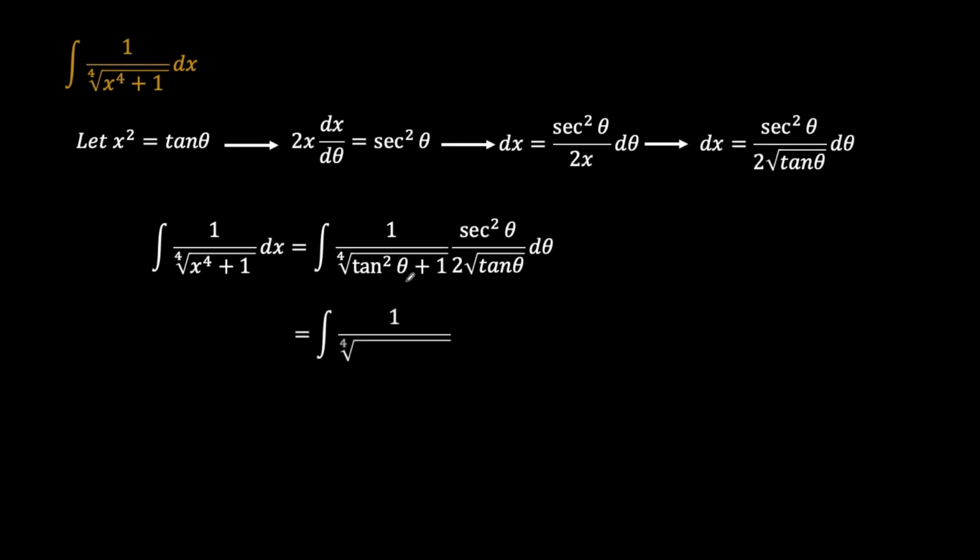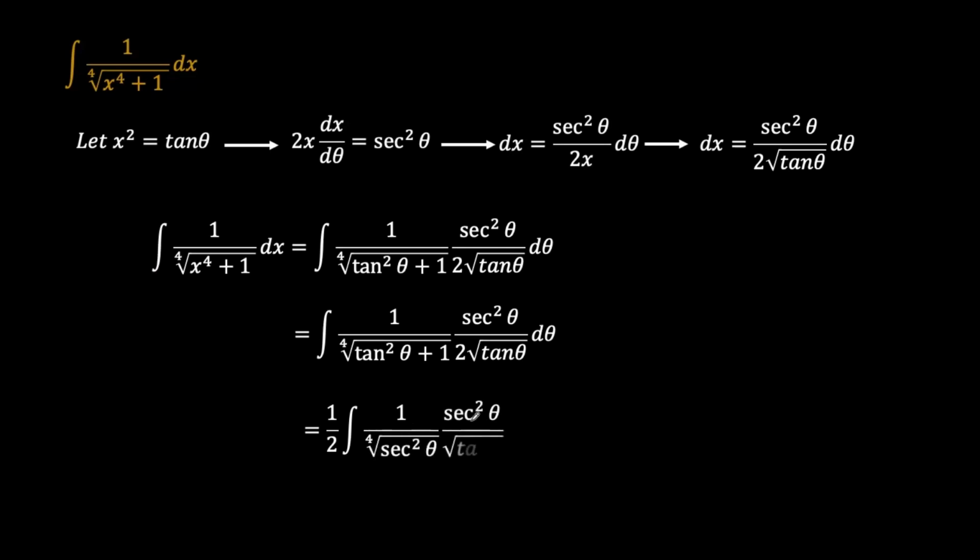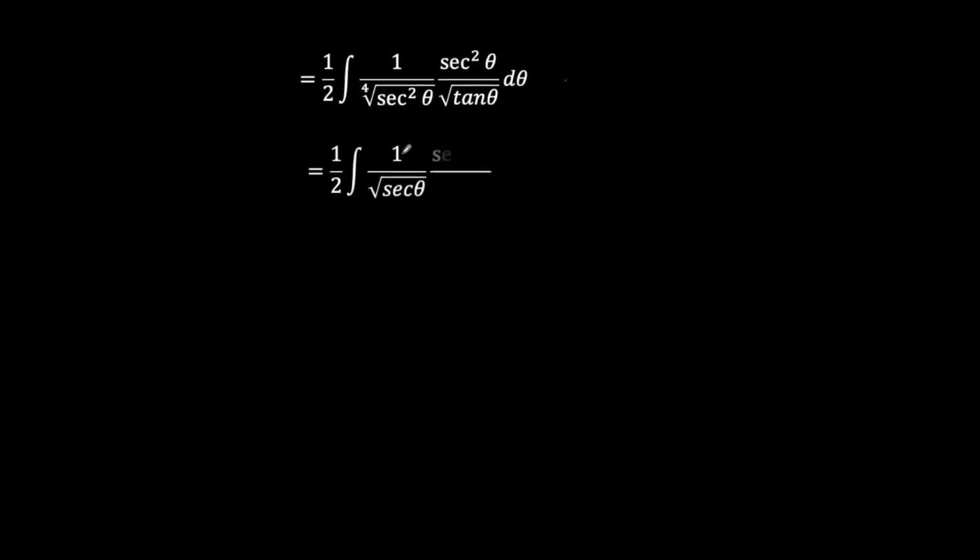Now, since tan squared theta plus 1 is the same as sec squared theta, we have now half, this 2 pulled out, of 1 over the fourth root of sec squared theta times sec squared theta over square root of tan theta. The fourth root of sec squared theta is the same as the square root of sec theta. So going forward, we have half of the integral of 1 over square root of sec theta times sec squared theta over square root of tan theta.